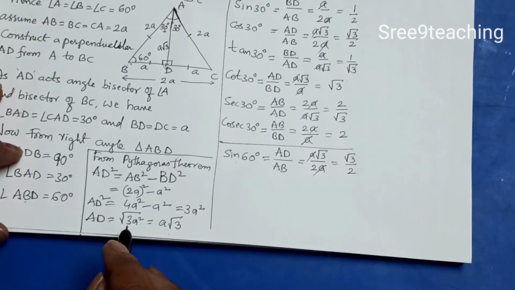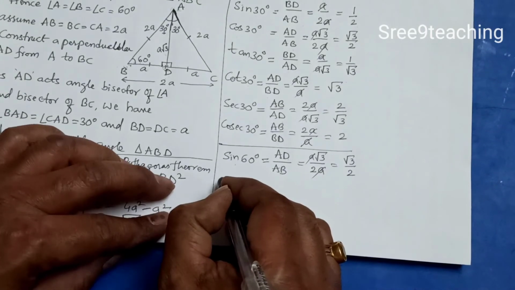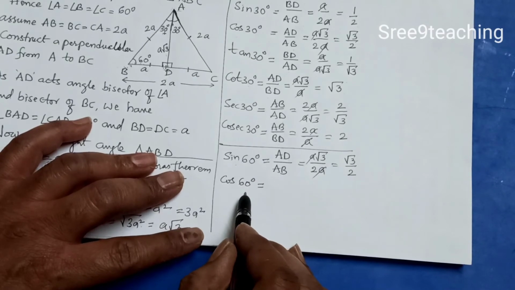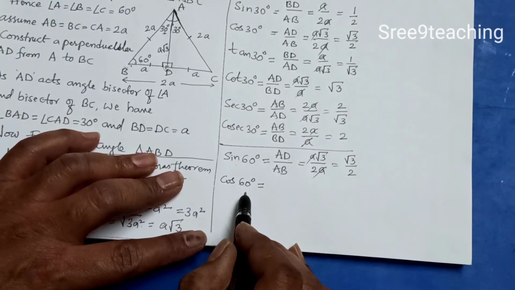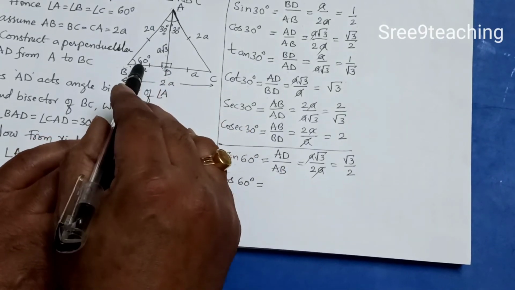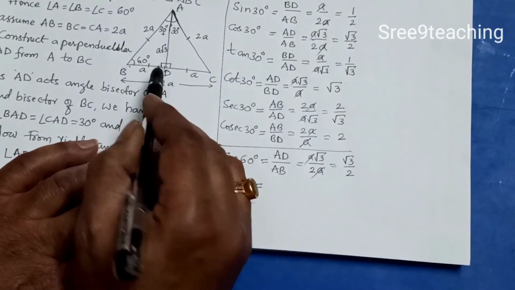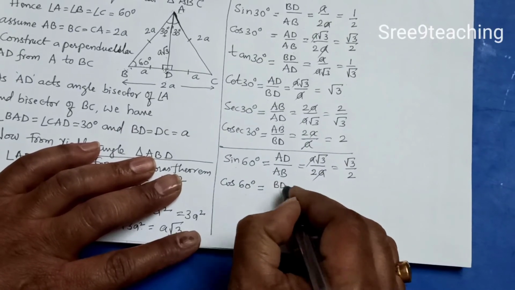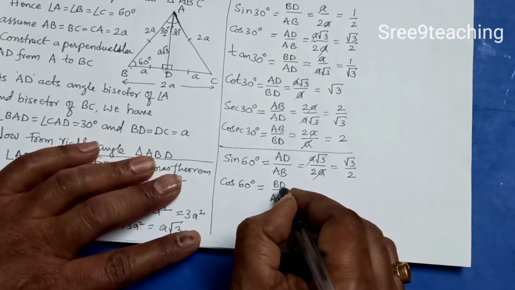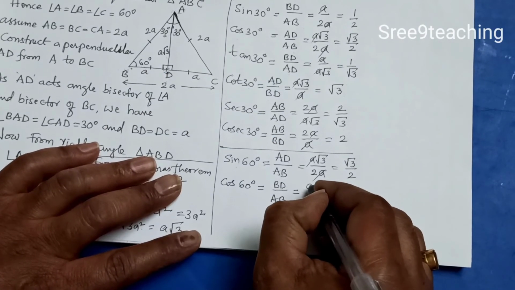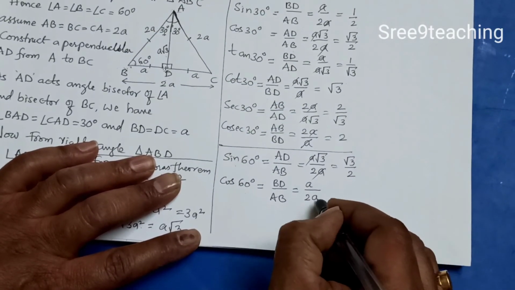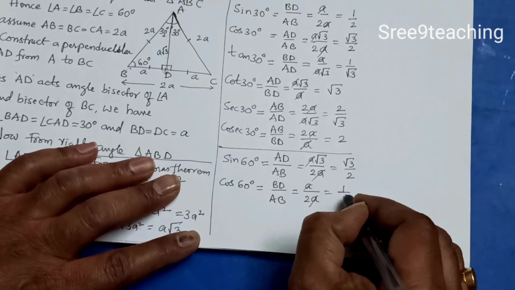Now cos 60 degrees. For this, the formula is cos is adjacent by hypotenuse. 60 degrees here, and adjacent will definitely be BD. BD by hypotenuse AB is equal to, what is the BD value? A by AB value 2A, isn't it? A gets cancelled and it will be 1 by 2.